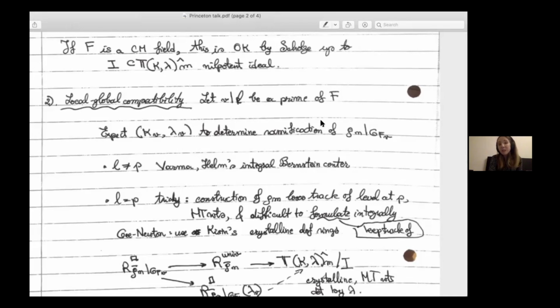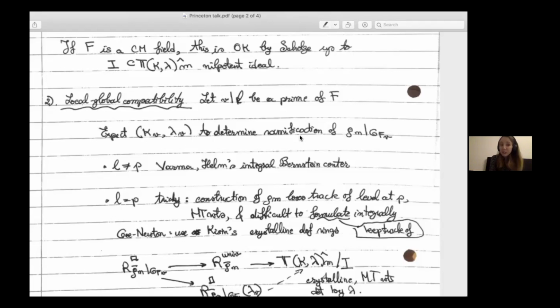And when v is a prime above p, then you need to keep track of more information, not just the level, but also the weight. So the weight is encoded in this highest weight lambda_v. So in general, you expect something like this, that the weight and the level determine the ramification locally.